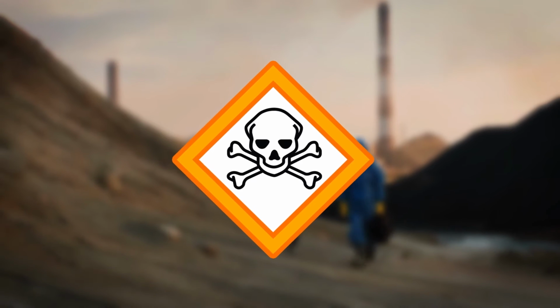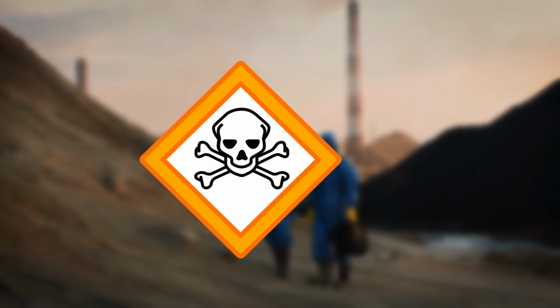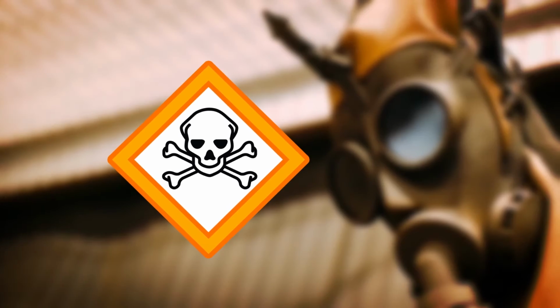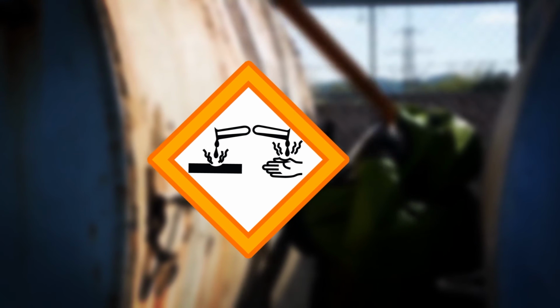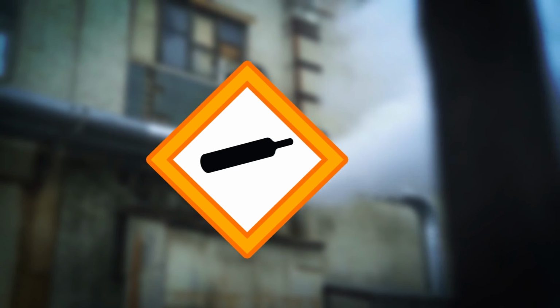Acute toxicity means that exposure to only one dose of chemical may be toxic or fatal if inhaled or accidentally swallowed, or if it comes into contact with the skin. Corrosion. This chemical label means that a substance can cause skin corrosion and burns. Gas cylinder. This pictogram represents the hazard from gases under pressure.